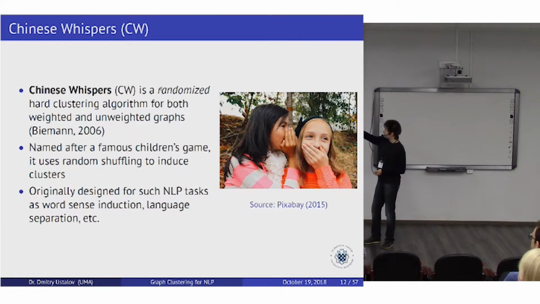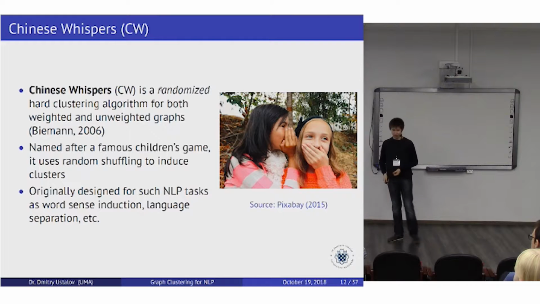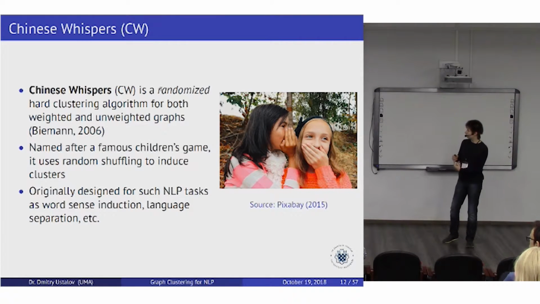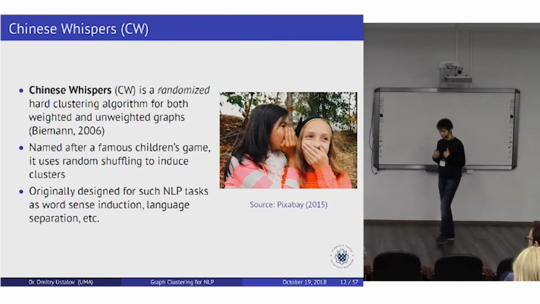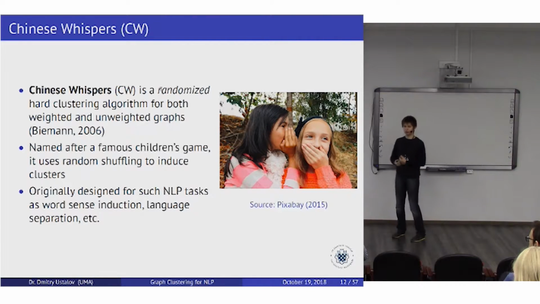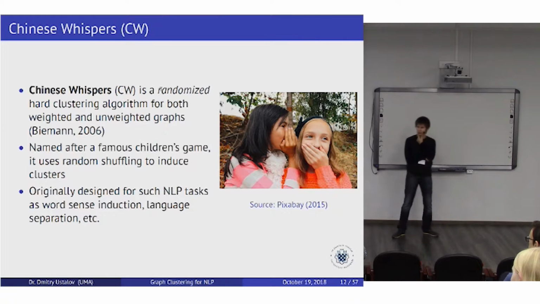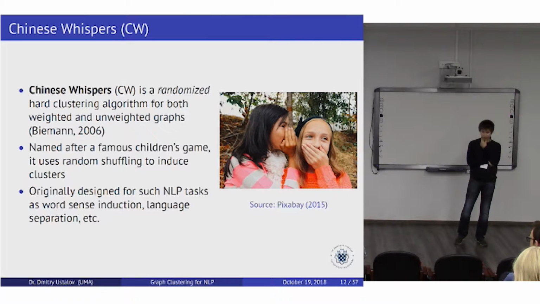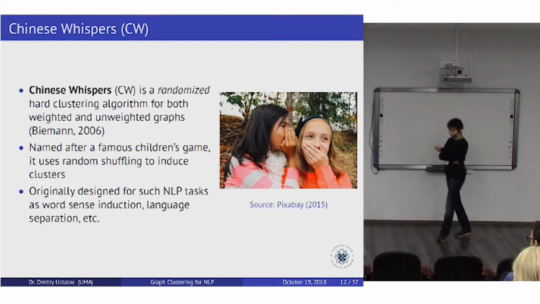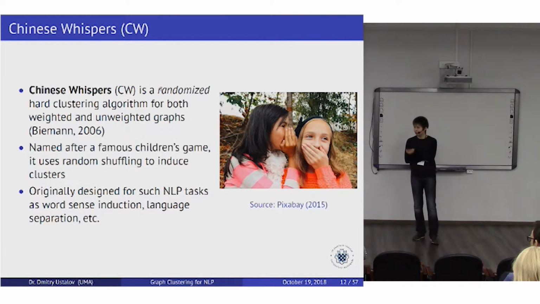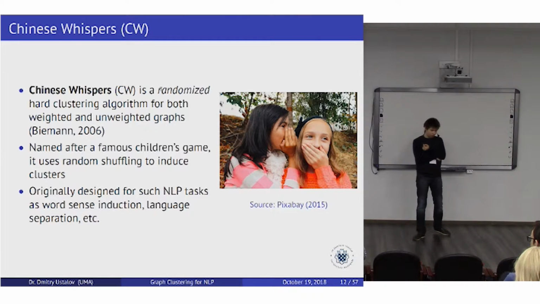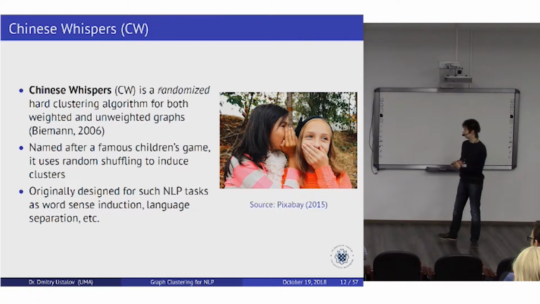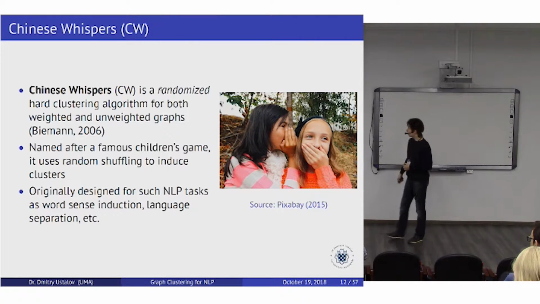And it's very simple. It's a randomized algorithm, which means that it tries to use randomization to achieve the goal of clustering. In case you were studying graphs before, you may be aware of a very famous and classical algorithm by Karger, called the Karger min-cut algorithm, which tries to do a graph cut using just randomization, and it works very well.